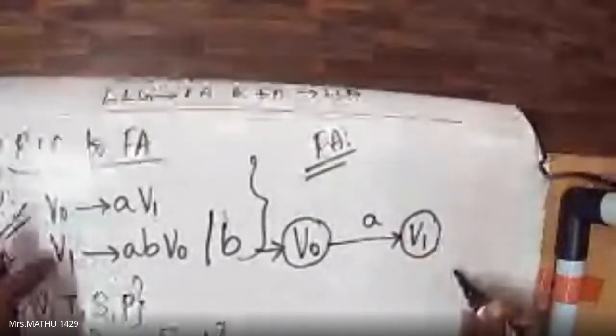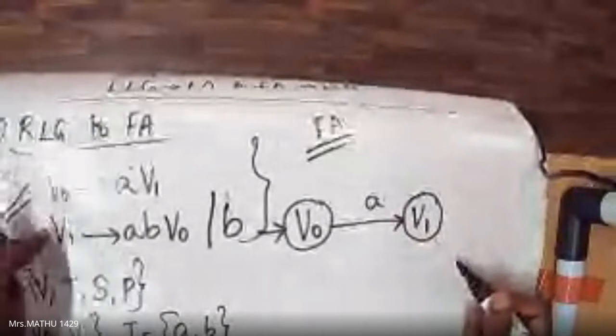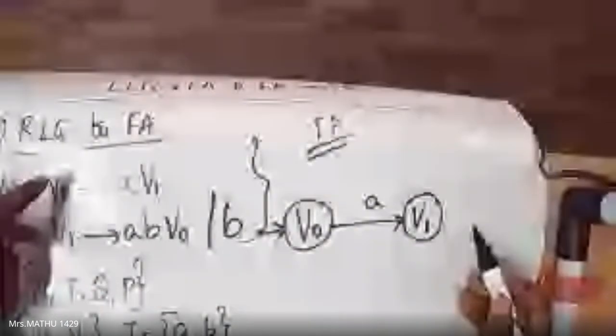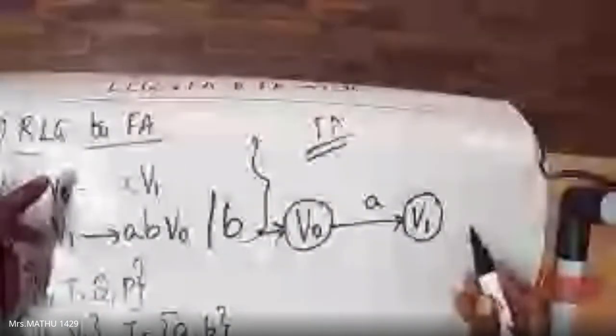Again, another production we have is V1 gives AB V1. So each and every production we are going to convert into the finite automata.